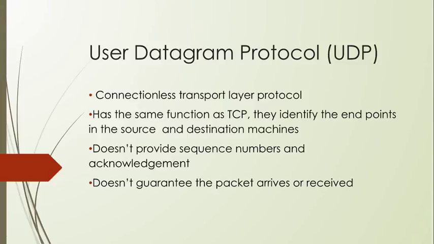It has some of the same functions as TCP. They identify the endpoints, the source and destination machines. But, as I said, it doesn't guarantee that the data from the source arrived at the destination because it's connectionless. This is why it doesn't provide sequence numbers and acknowledgement, and doesn't guarantee the packet arrives or is received.